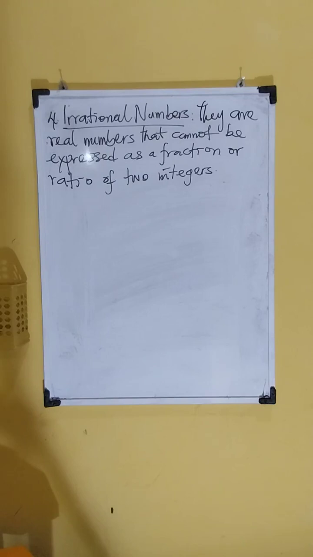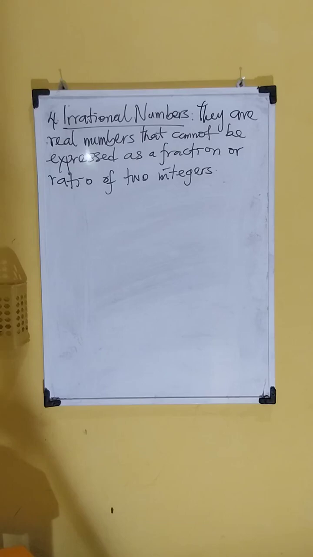Not just being real numbers, though we are going to talk about real numbers as we go further. Real number is the sixth one. So irrational numbers are real numbers that cannot be expressed as a fraction or a ratio of two integers.